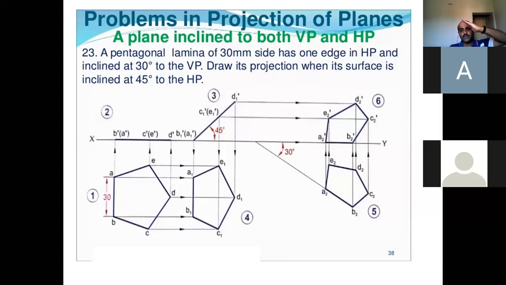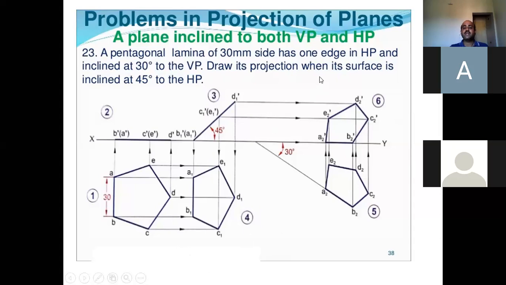In the same top view, the pentagon is visible, but of a diminished size. So this is the second position of a pentagon resting on HP with surface inclined at 45 degrees to HP, right? Now this is the second condition, so we have satisfied the condition that the surface is inclined at 45 degrees to HP.